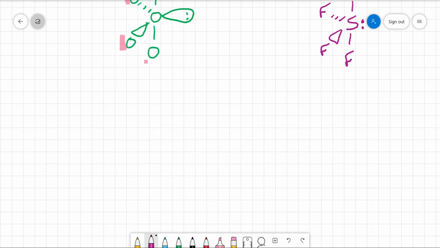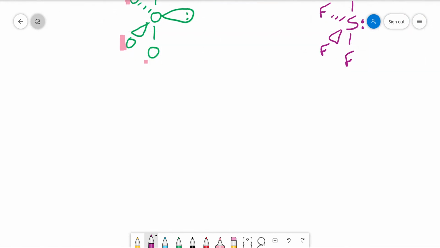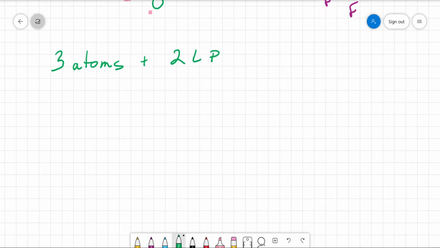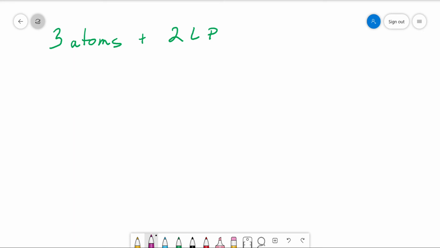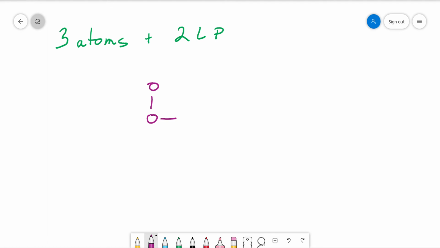Okay, let's add one more lone pair. So we'll have 3 atoms and 2 lone pairs this time. And that lone pair still goes in that equatorial position. So this time I'm going to change where I put those lone pairs.